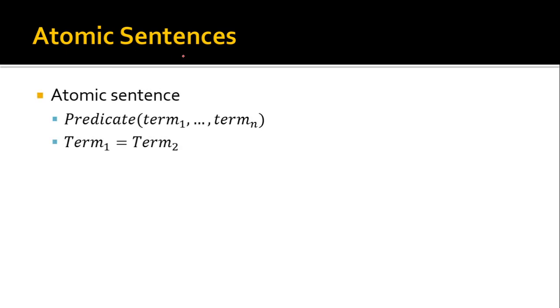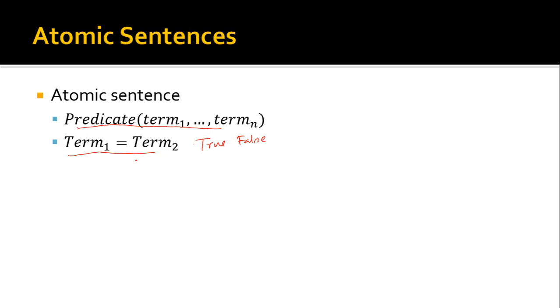Now coming to the atomic sentences, what are the kinds of atomic sentences we can have? As we have mentioned earlier, the predicates are atomic, right? You have a truth value to it, or the form like term 1 equal to term 2. It is also a kind of predicate. You can see that equality is a predicate that can either output true or false, right?